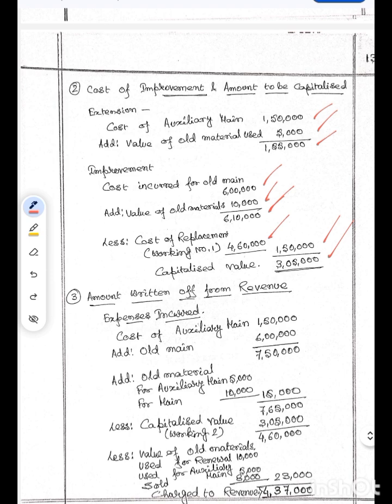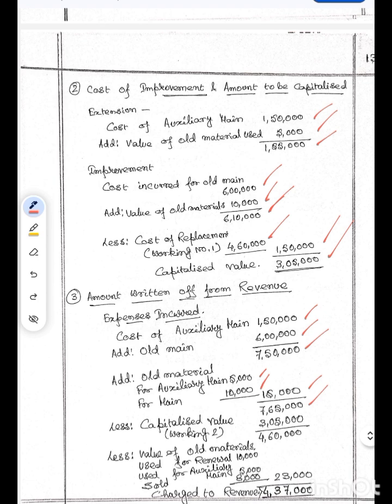Next, amount written off from revenue. There are two expenditures, cost for auxiliary main and old main. Total is 7 lakh, 6 lakh and 1,50,000, that is 7,50,000. And therefore old material utilized for auxiliary main 5,000 and for main 10,000, total 15,000. So total expenses is 7,65,000.